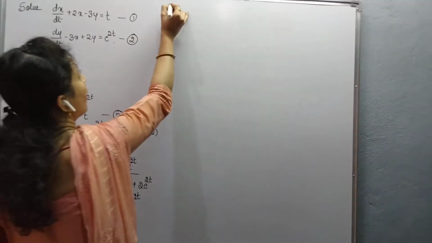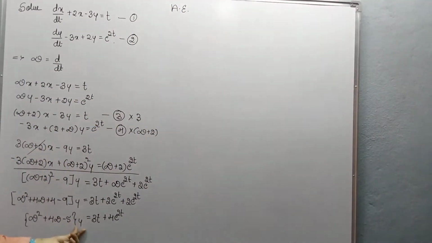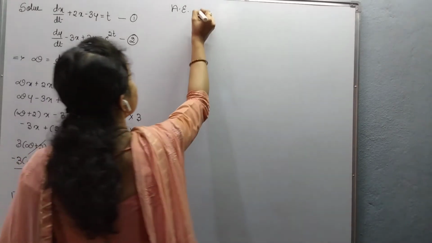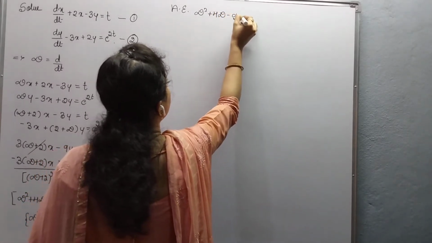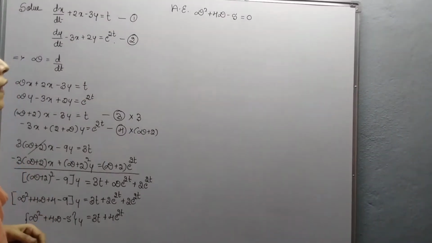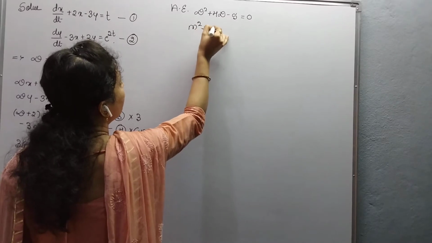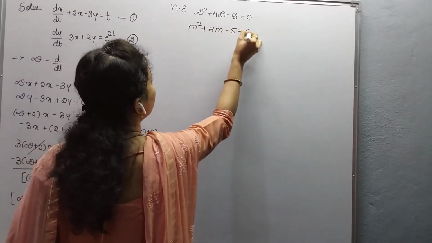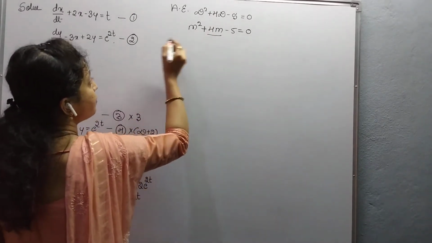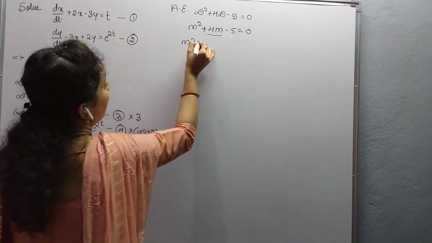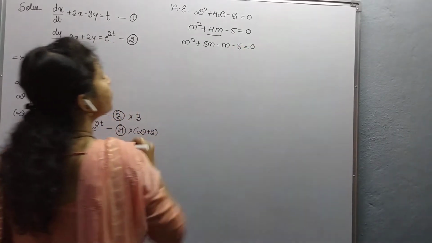So we write the auxiliary equation by equating the coefficient of y to 0, that is D^2 + 4D - 5 = 0. Then D is replaced by m, so m^2 + 4m - 5 = 0. This is expanded as m^2 + 5m - m - 5 = 0.